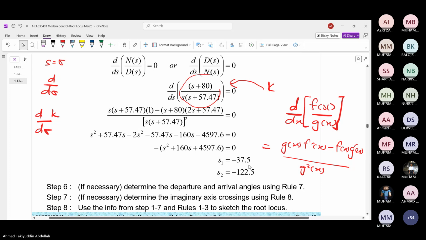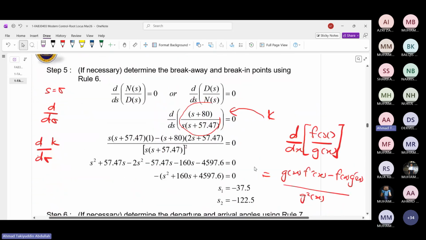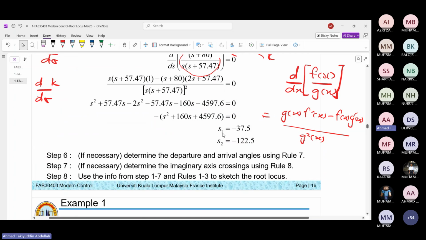Okay. Try to come out with this S1 and S2. Try to do it on your own. I'm going to allow you about 5 minutes, and ask me if you do have a question.